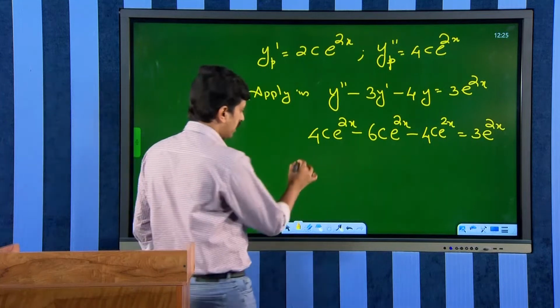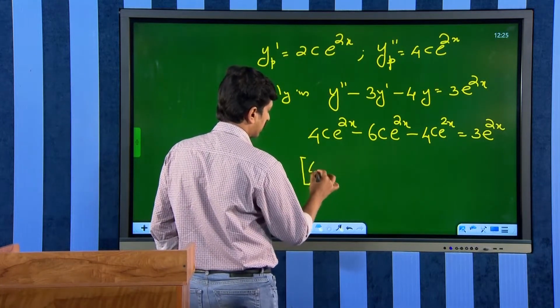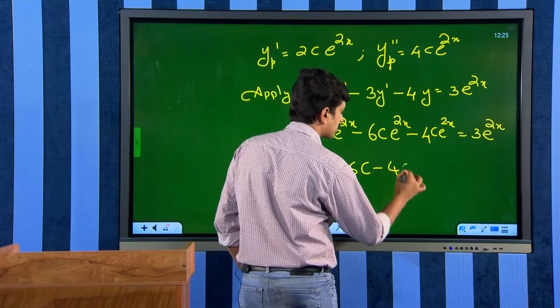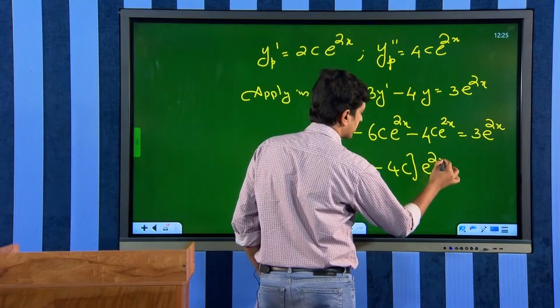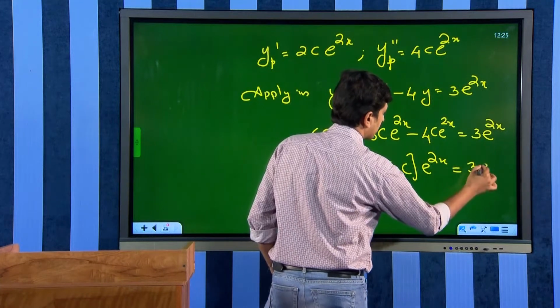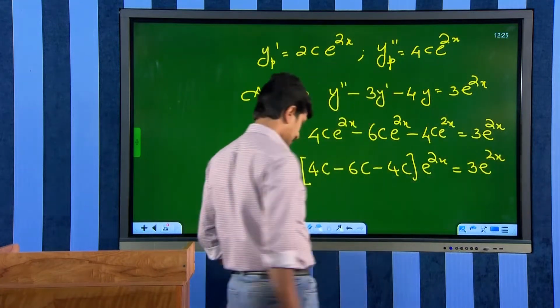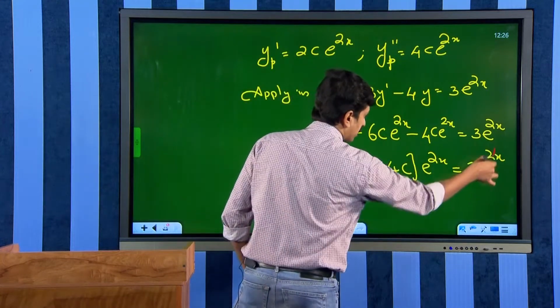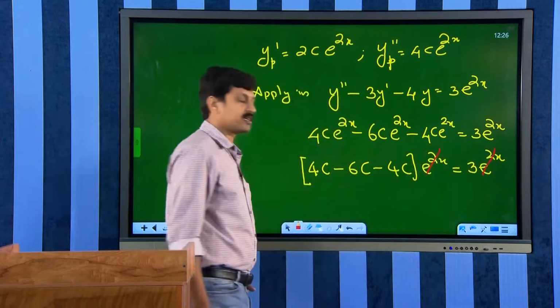See, we can take e raised to 2x outside, that is 4c minus 6c minus 4c, e raised to 2x is equal to 3 e raised to 2x. Dear students, here e raised to 2x and e raised to 2x we can cancel.